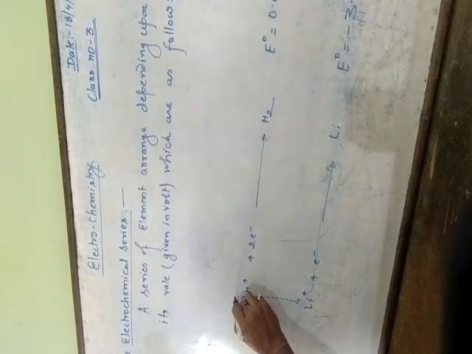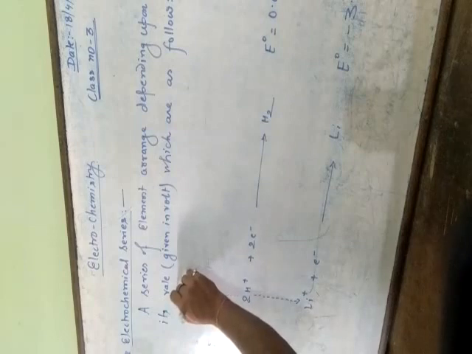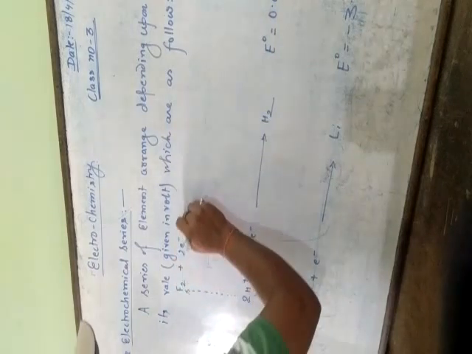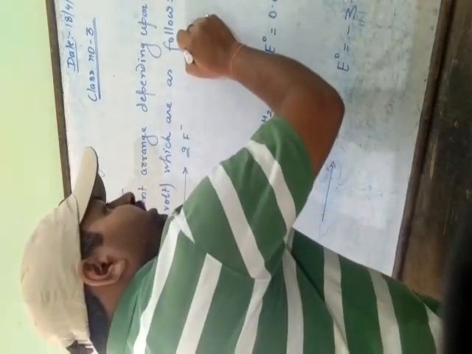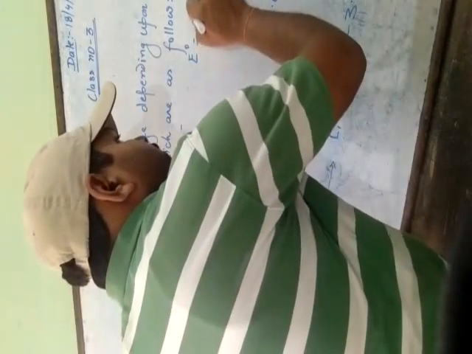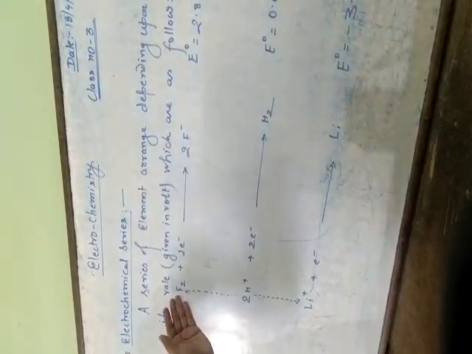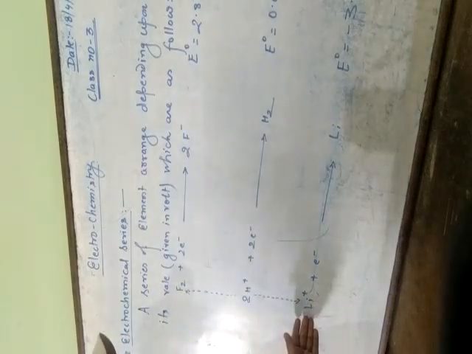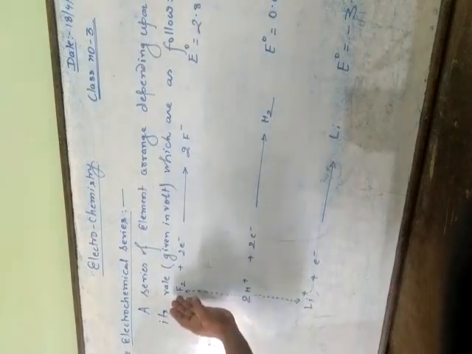As we move upward in the series, F2 gains 2 electrons to give 2F minus, and its electrode potential is 2.87 volt. So we see that as we move from top to bottom, the negative value increases, and as we move from bottom to top, the positive value increases.